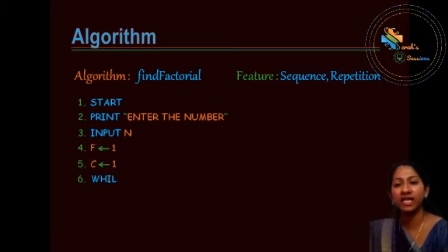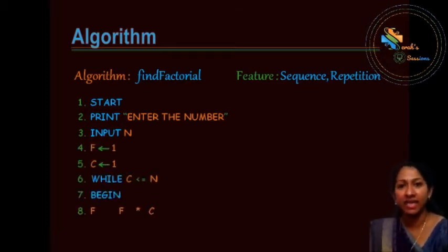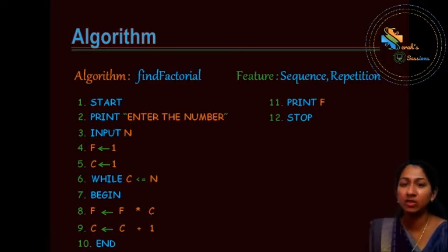Before starting my calculation, I am assigning value 1 to two variables, f and c. Obviously, you might have understood that c is used as a counter variable, to increment by 1 like that. Why is f used here? f is used to store my result.